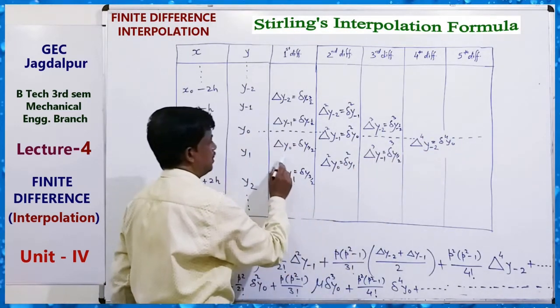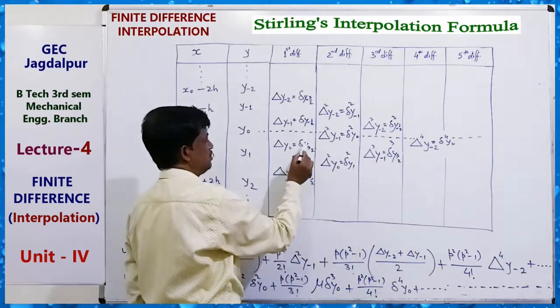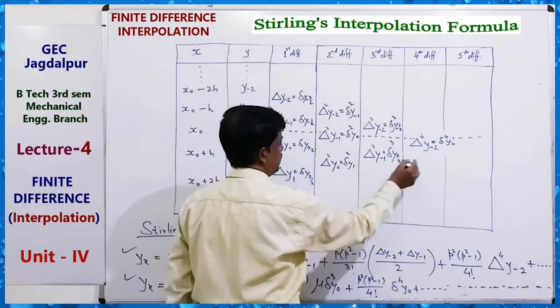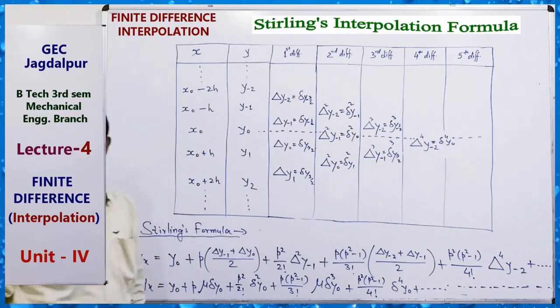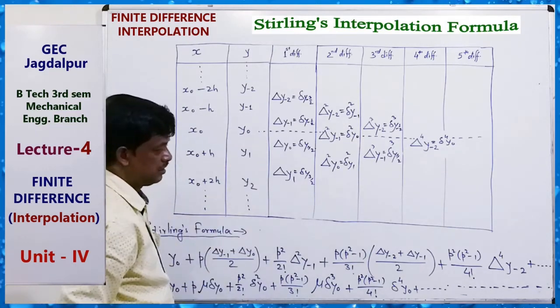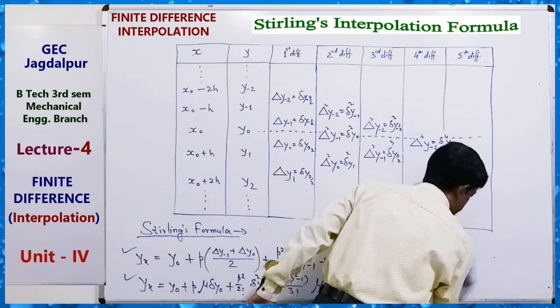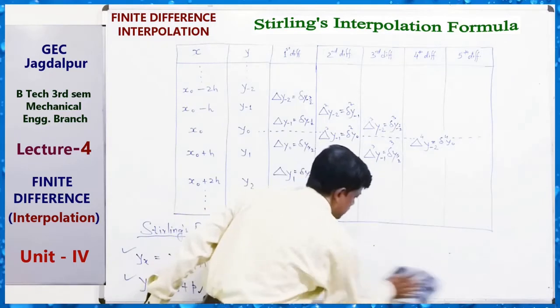This, and so on. Because corresponding to this is this. Just note down this formula, okay? Stirling and Bessel's formula, diagram like this.